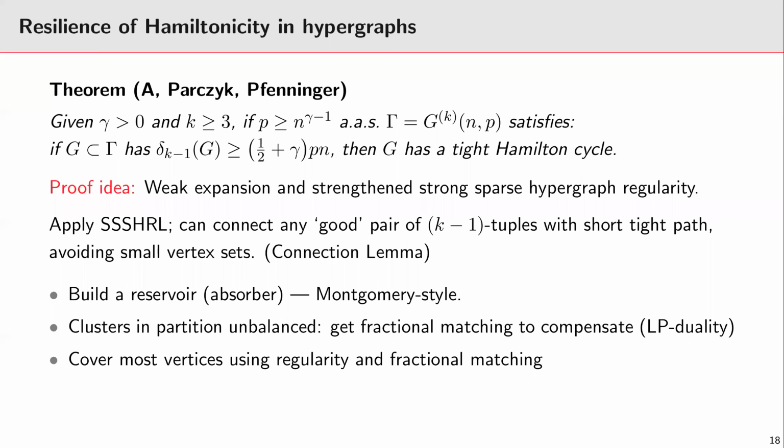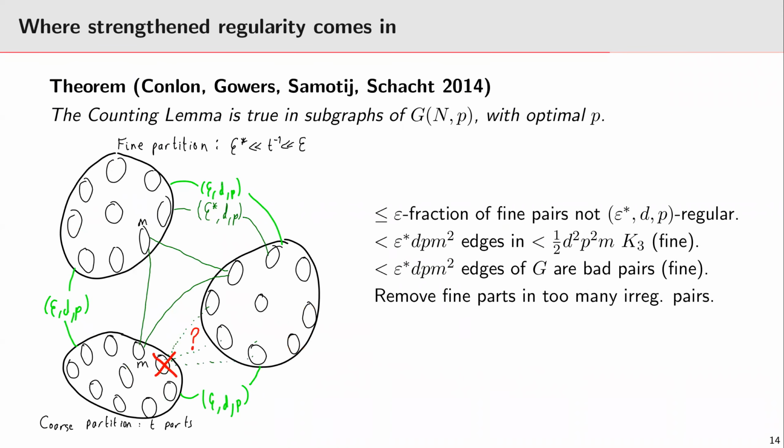So the difficulty is, okay, this slide will do. We've used a theorem of Conlon, Gowers, Samotij and Schacht, this counting lemma. Now, this is an interesting theorem because it comes in a published version and various things which are also true.